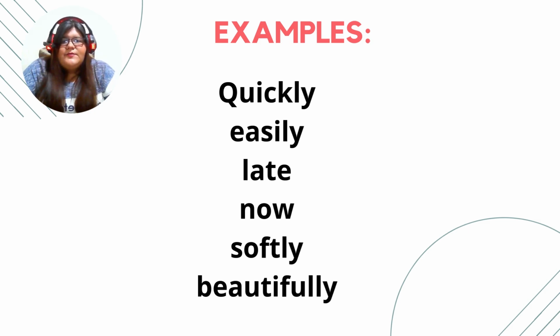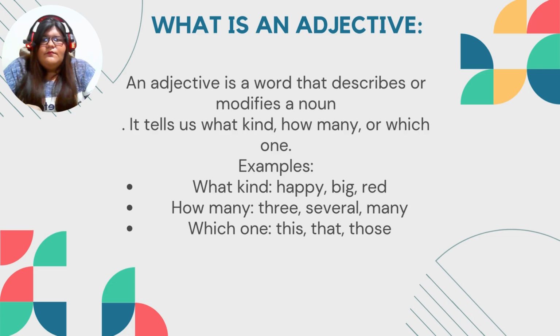And we have here some examples: quickly, easily, late, now, softly, and beautifully. And there are many, but these are just some examples for you to understand better what I'm talking about. Then we have here what is an adjective.